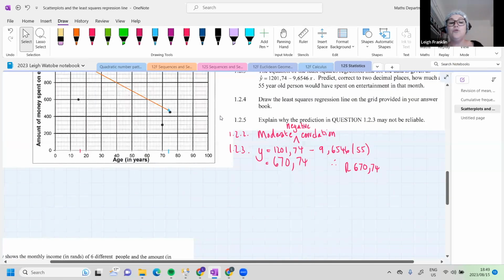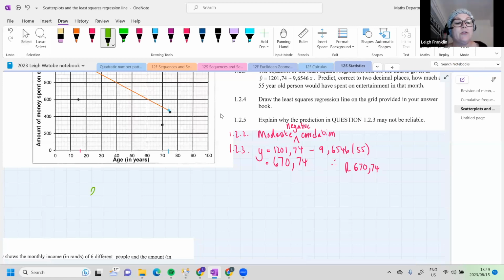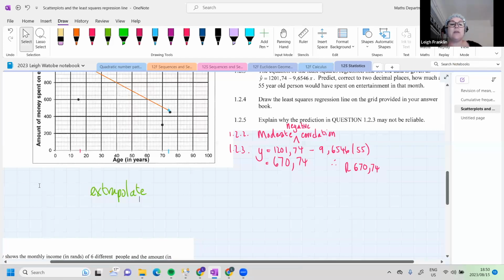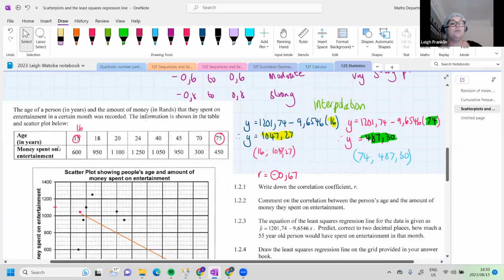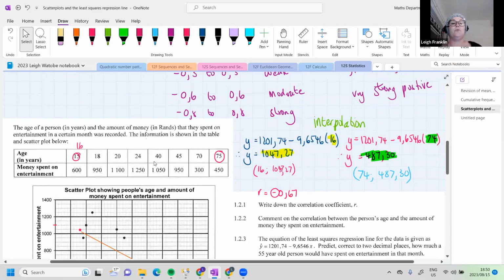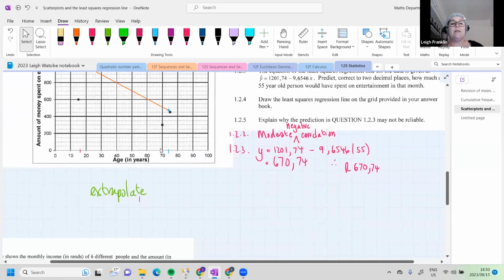If I want to extrapolate, then I would be using the equation of the least squares regression line to make a prediction about something that lies outside. So let's say I wanted to predict how much an 80-year-old would spend on entertainment.